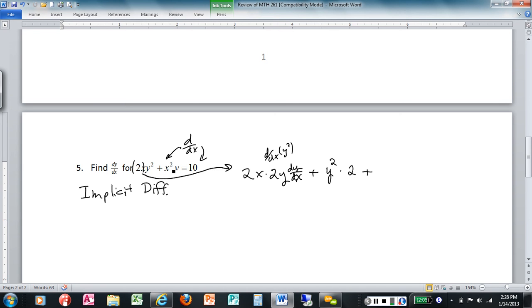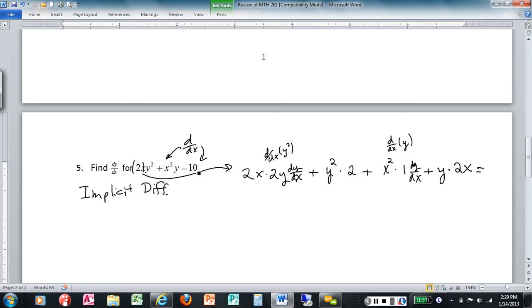Now the second part also has a product, so I have to do x squared times the d dx of y. What about that? Well, the derivative of y is just 1, but it's a y, so I've got to do dy dx with it, don't I? Then I would do the y times the derivative of x squared, which is just 2x. When I'm doing the derivative of x with respect to x, I don't need the d dx stuff.